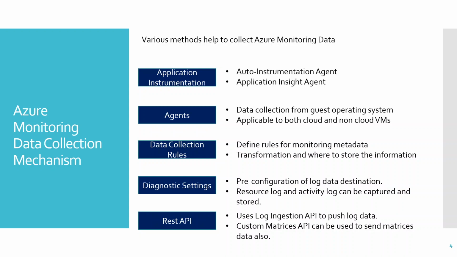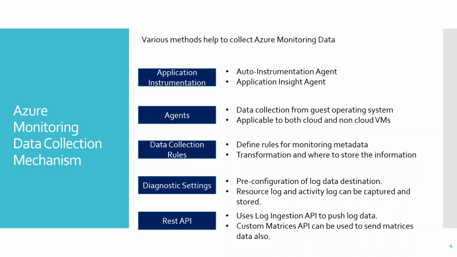Now, data collection rules define rules for monitoring data, and they also help you to transform that data and push it into a specific destination. What is a diagnostic setting? A diagnostic setting is a configuration mechanism to push your log data into a destination.